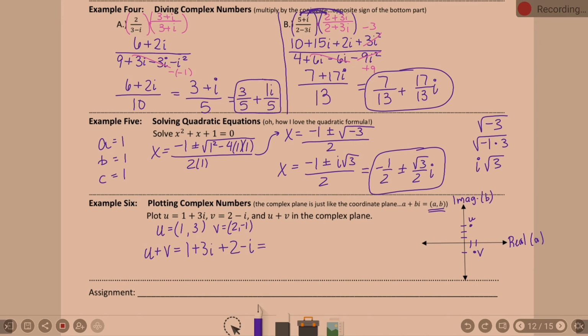So when we add like terms, 1 plus 2 is 3. 3i minus i is 2i. So 3 plus 2i, which is what as an ordered pair? 3, 2. So I'm going to go right 3, up 2, and that is the point for u plus v.